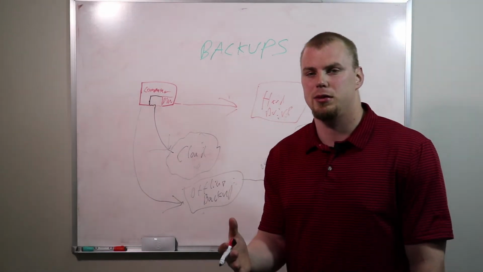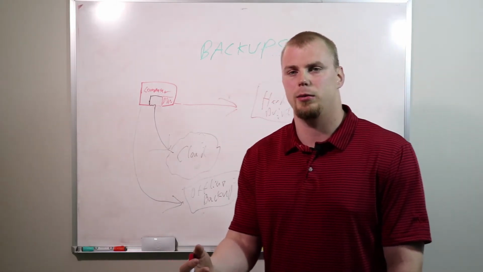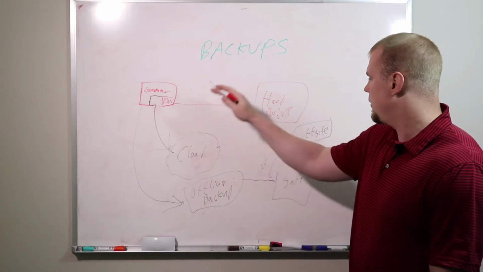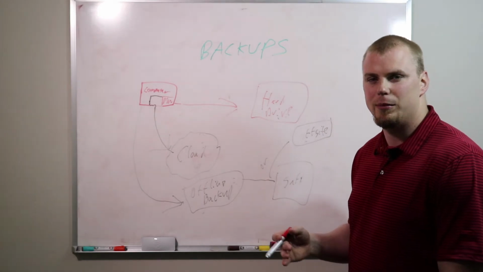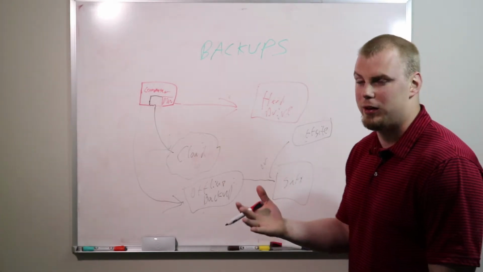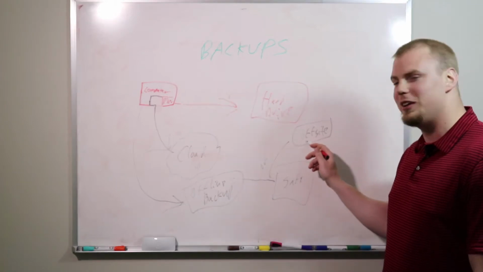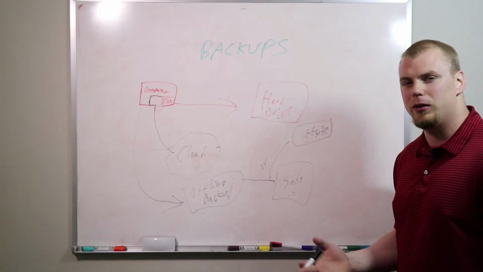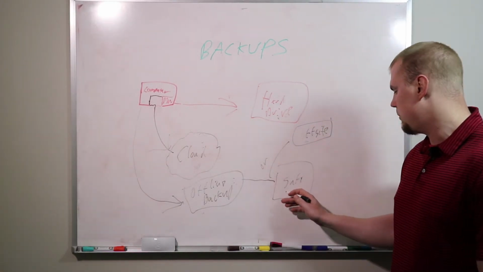If you stick it off site, then the natural disaster issue, so like if a tornado came through and nailed this whole environment, and you had this off site and you had it 5 miles away or something like that, or let's say you ship it across the country or something, then you'll still have your data here and you won't lose it. But if you have it in a safe here, depending on how big your safe is and how strong your safe is, you could potentially end up losing it that way.